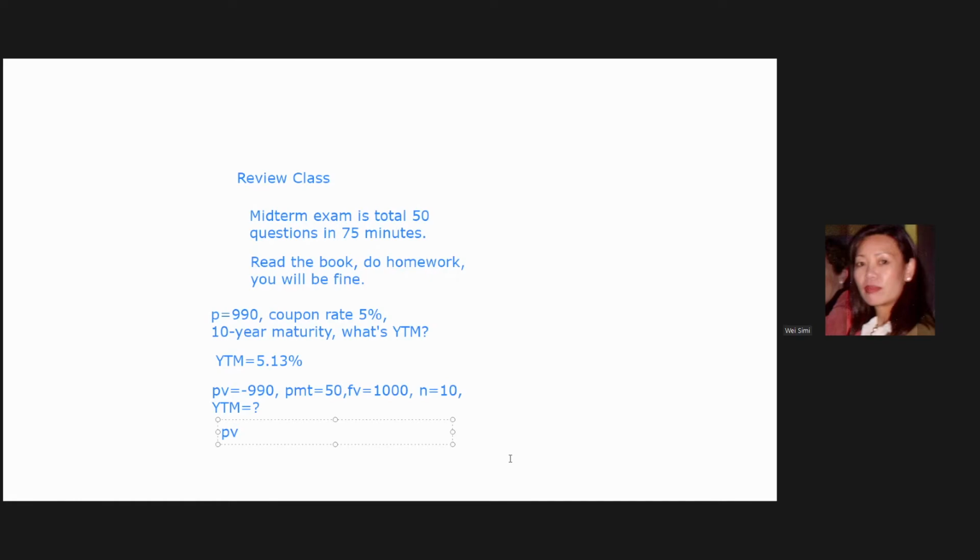If your signs are wrong, you will get a different number. The calculator is very smart, it knows which ones come in and which go out. You pay $990, therefore you get the bond coupon and your face value back. Okay, let's do semi-annual.